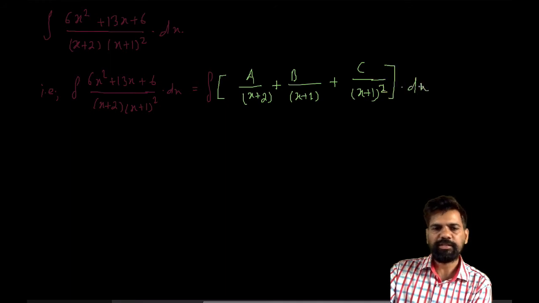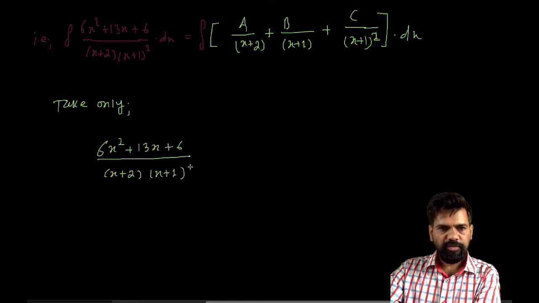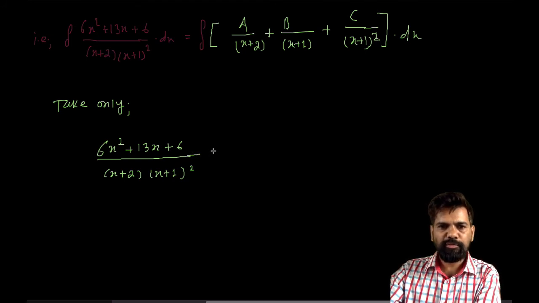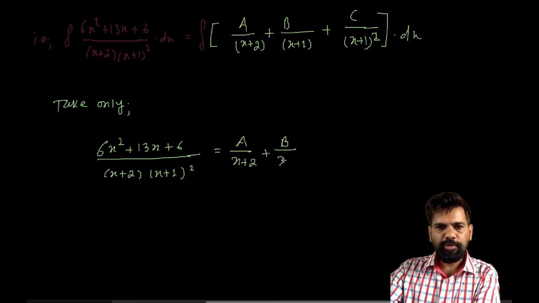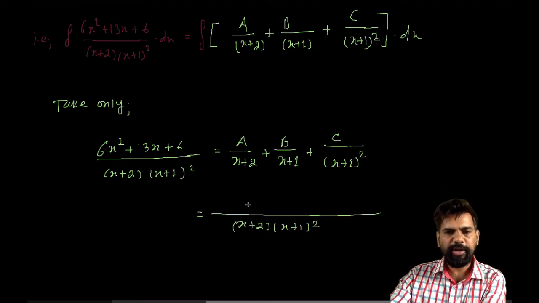Check only: (6x square plus 13x plus 6) over (x plus 2) times (x plus 1) whole square is equal to A over x plus 2 plus B over x plus 1 plus C over (x plus 1) whole square. Take the LCM from the denominator of the right hand side, then x plus 2 and x plus 2 are cancelled.